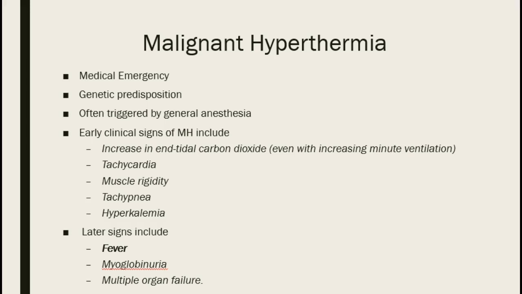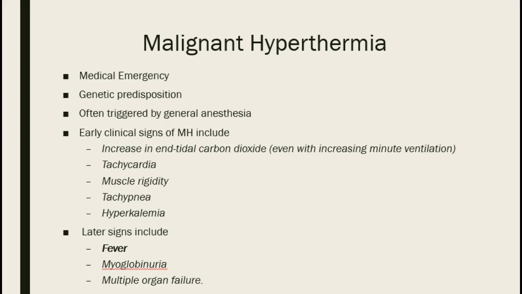This condition is often triggered by general anesthesia. Early clinical signs of it include an increase in CO2. This is one of the first things that you're going to see, even with increasing minute ventilation. So, we're keeping a close eye on these patients and not looking at just pulse oximetry. That's a late determiner of it, but that increase in CO2.